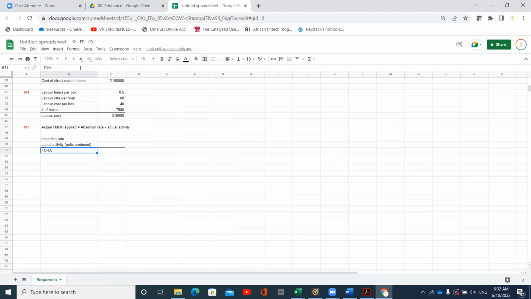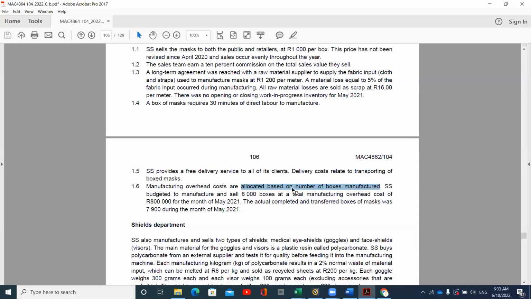When we use the traditional costing method, there's always one basis of allocating overheads. Like I said, either machine hours or labor costs or material costs or units produced. They told us overheads allocated based on number of boxes manufactured. So basically number of boxes manufactured, that is units produced. Okay, so that's very important.